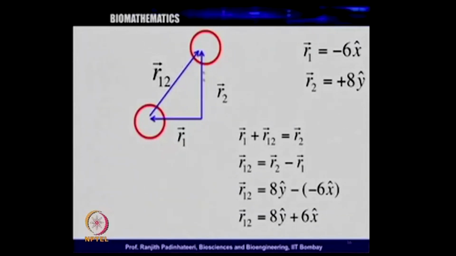Now, if I look at this diagram, I can immediately say that if I go along this arrow and then along this arrow, I would have reached this position R2. So, R1 plus R12 is nothing but R2. If I walk this way and this way, I reach R2. So, R2 is nothing but R1 plus R12. That is why I wrote it in the first equation.